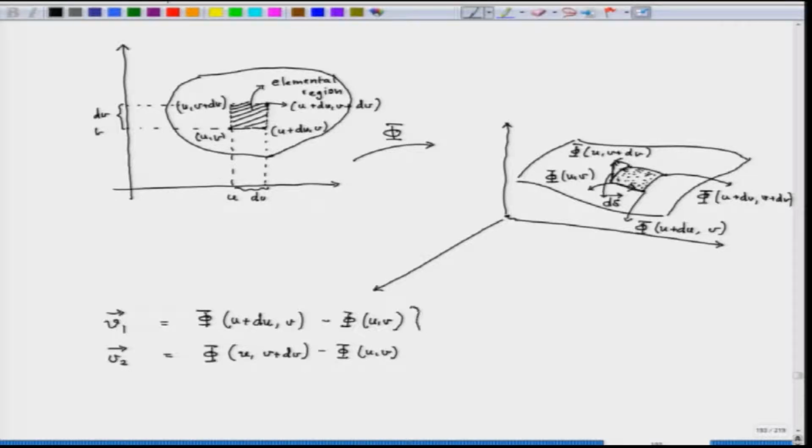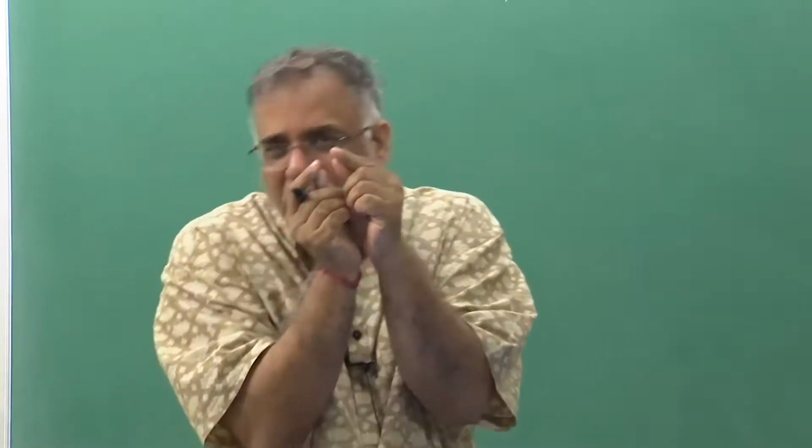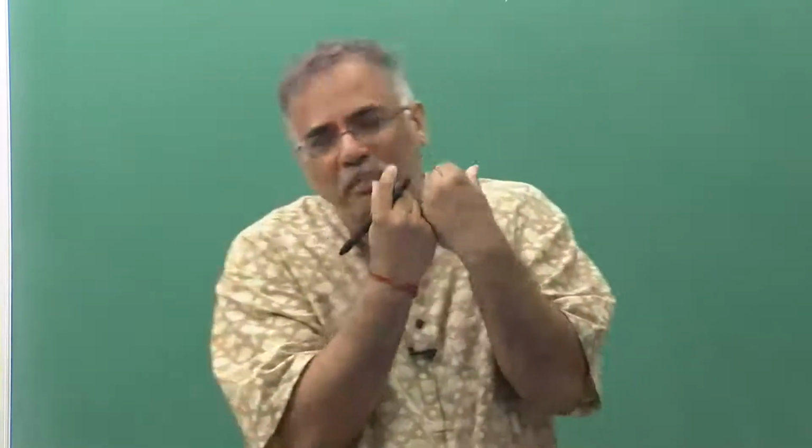So let us see. Our dS vector, the elemental vector which is perpendicular, normal to the surface area, is for a minuscule zone. So these curvy lines are almost straight because they are very small. So we can talk about this as a kind of parallelogram, not really a rectangle, but a parallelogram.